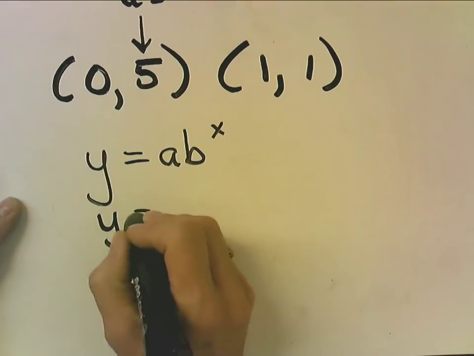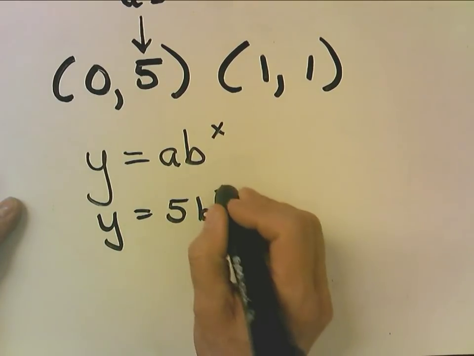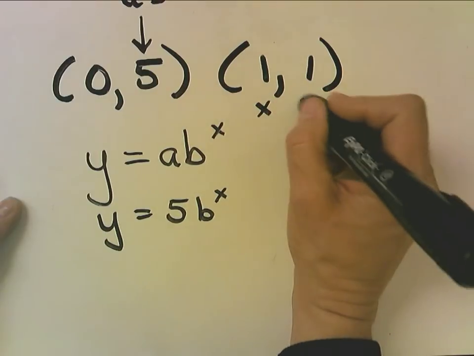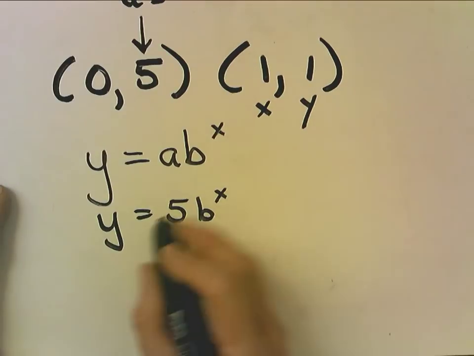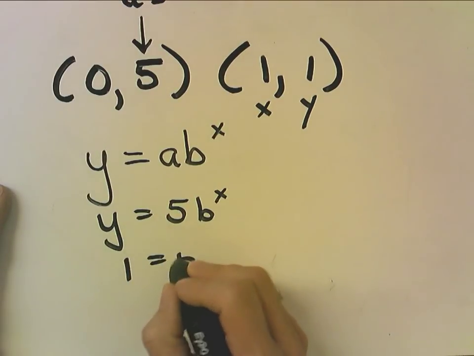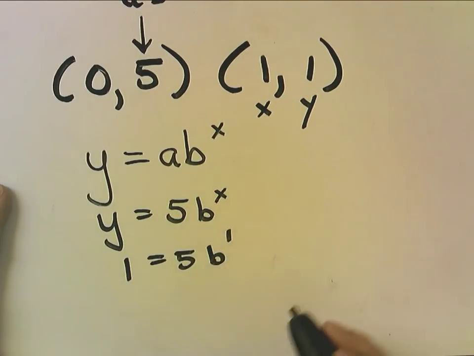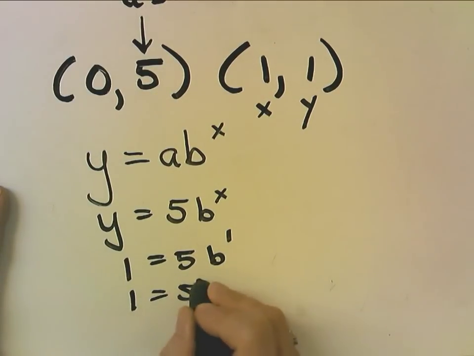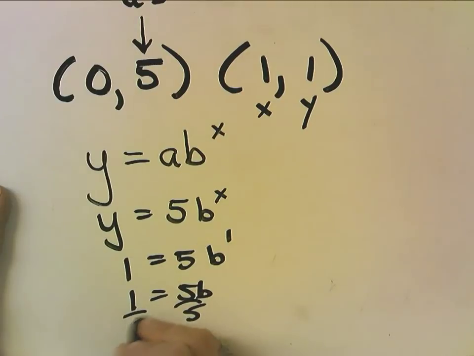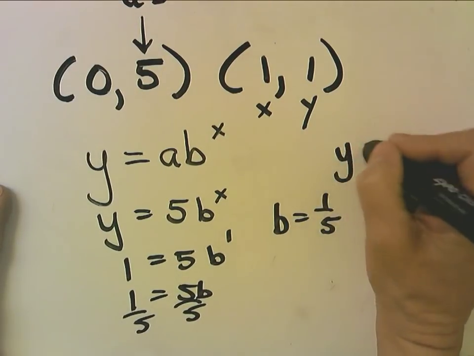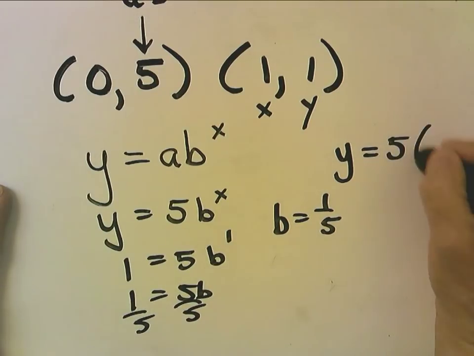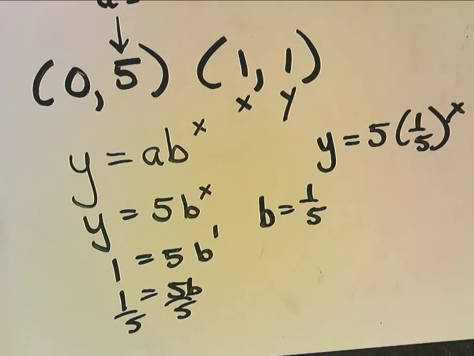So if y equals 5 times b to the x, we now plug in x and y and solve for b. So 1 equals 5 times b to the first. So 1 equals 5b. Divide by 5, divide by 5. We get b equals 1/5. So y equals 5 times 1/5 to the x. And that would be our rule.